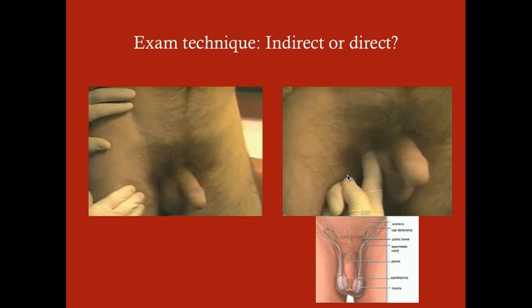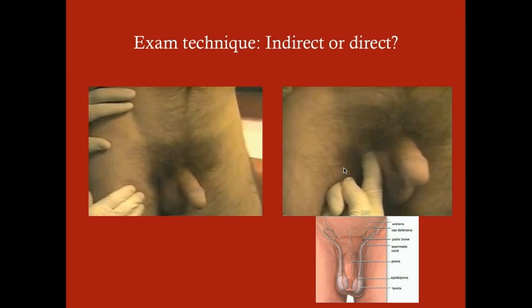When they cough, if you feel the hernia on the tip of your finger, which should be pointing through the inguinal canal, that's an indirect inguinal hernia, because remember, the indirect inguinal hernia is going down the inguinal canal, and our finger is going up the inguinal canal, so they'll meet. It'll hit your fingertip.